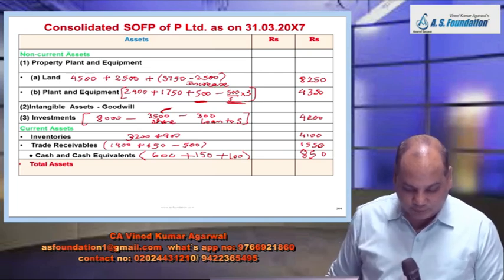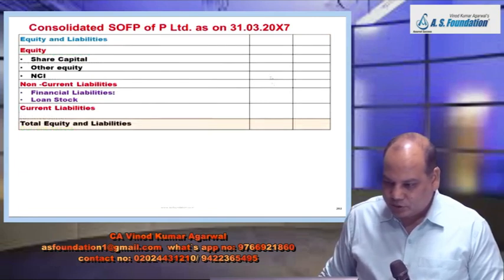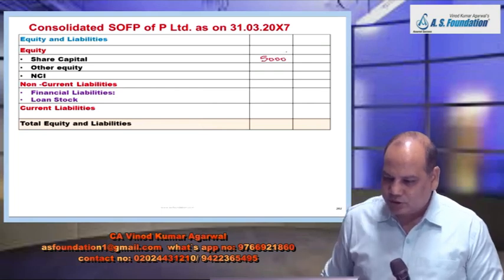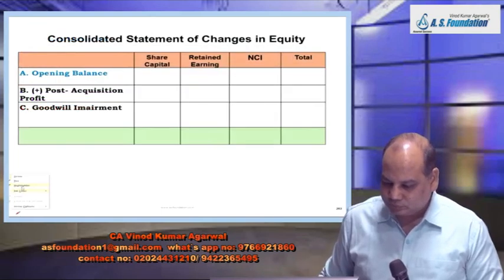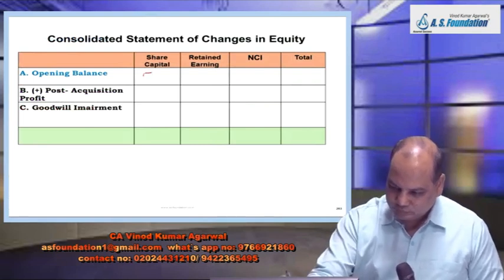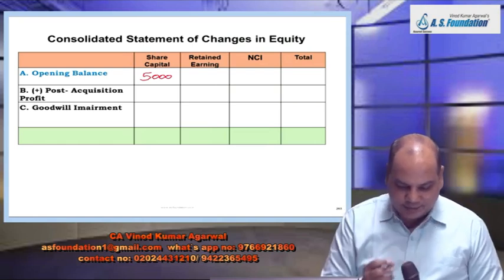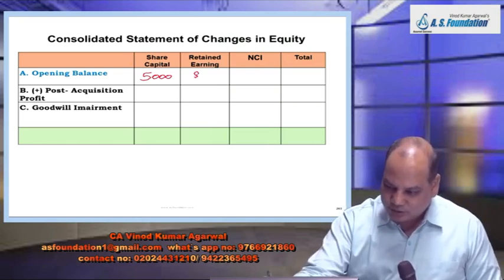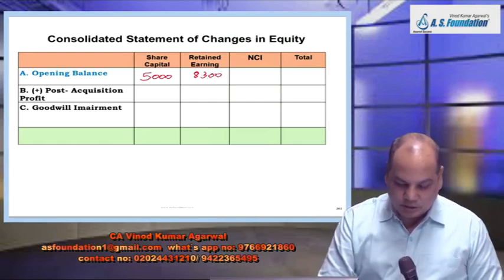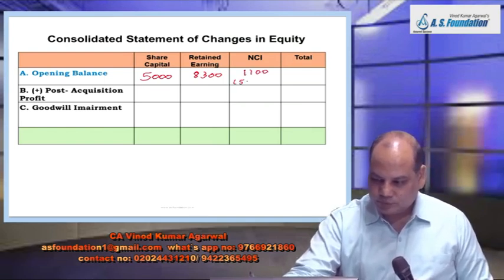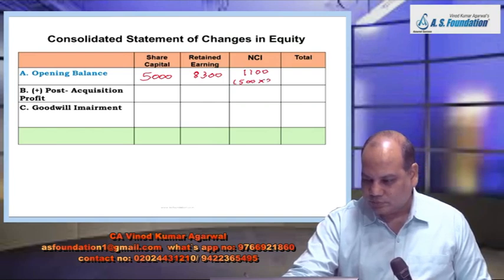Ordinary share capital 5,000. This has no adjustment. Write first in this main page, also write in SOCIE also. Retained earning of the parent 8,300 right here. NCI fair value at the beginning was 1100: 500 into 2.20.